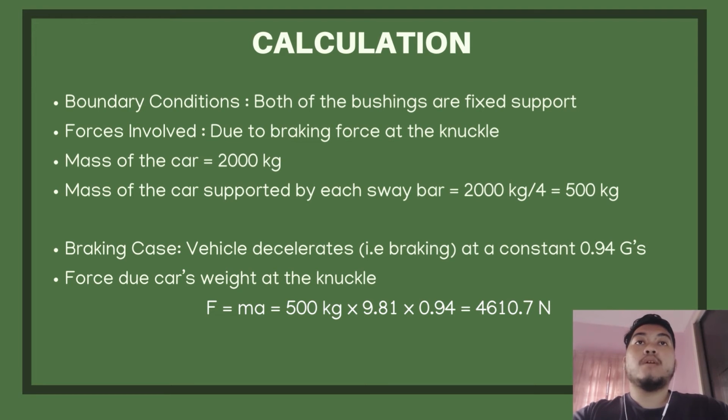For the mass of the car supported by each sway bar, we obtain it from the mass of the car at 2000 kilograms divided by 4, and we obtain a mass of 500 kilograms.